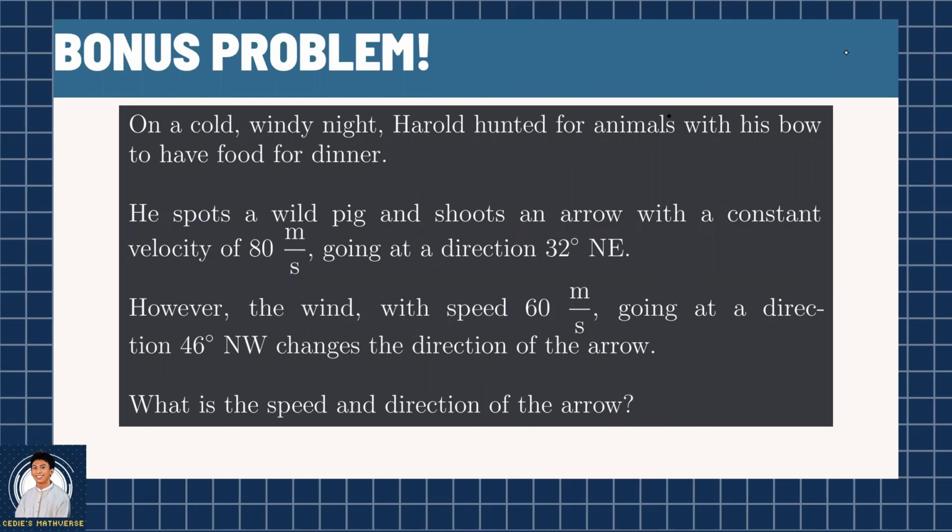However, the wind, with speed 60 meters per second, is going in the direction 46 degrees northwest, and it changes the direction of the arrow. What is the speed and direction of the arrow? If you want to solve this problem, show your solutions in the comment section below.